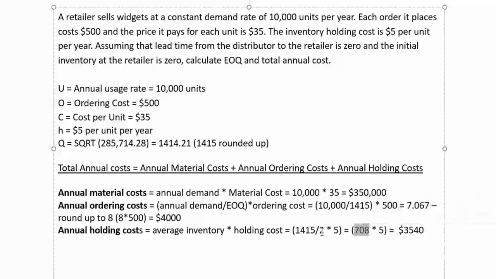Now, you could also argue, well, this is an average. So in some months you have 707, some months you have 708. So the 707.5 would be okay to use. It would be accurate. But in some cases, you'll see people only want to use whole numbers for this. So in the problem that you do, if you use the fraction or if you use the whole number, they're both correct.